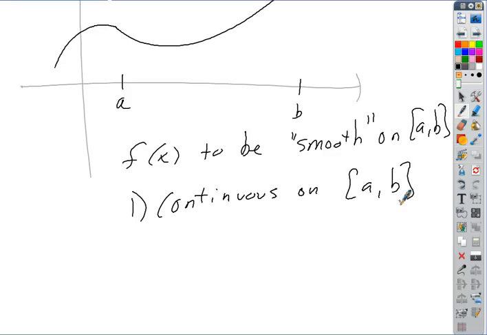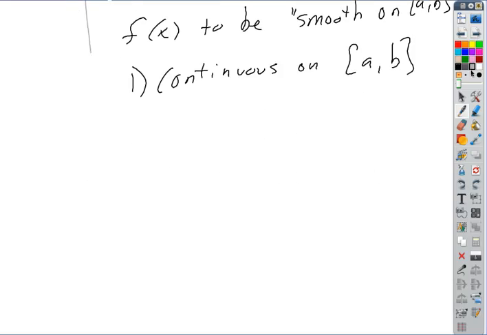So for example, you might recall, if we've got some function that's doing that, and then all of a sudden it does that, an ant walking towards the intersection on the blue curve is going to sense a negative slope, right until he gets to the point.